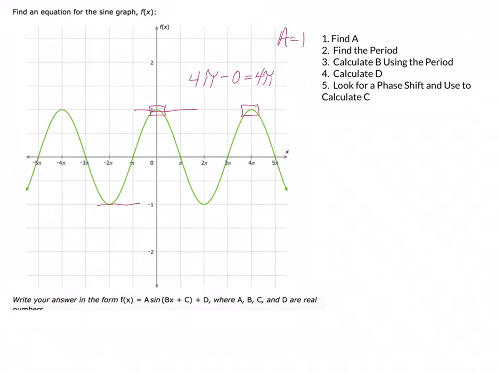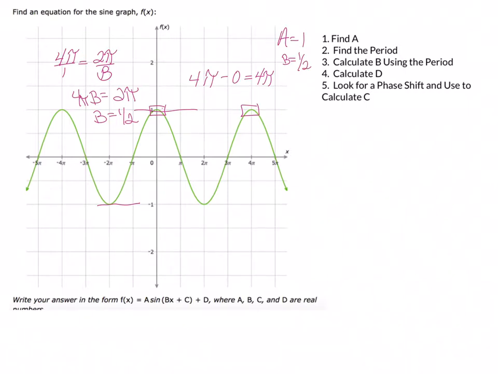So b in this case is going to be 4 pi over 1 is equal to 2 pi over b. So I'm going to get 4 pi b is equal to 2 pi, and b is going to be equal to 2 pi over 4 pi, which is equal to 1/2. So b equal to 1/2.